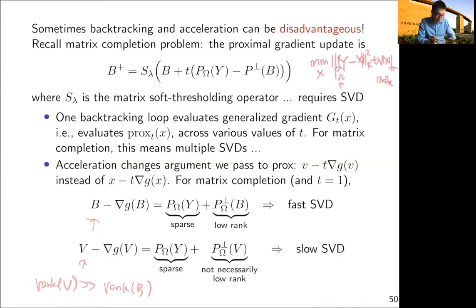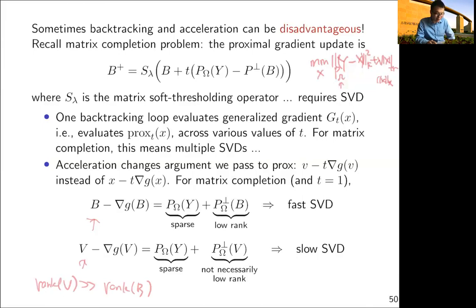And that creates trouble because suppose the problem is extremely large and all we are able to solve is a so-called partial SVD or skinny SVD, which requires us to find the leading eigenvalue and eigenvector, get rid of that, solve for the next one, and keep greedily updating the skinny singular value decomposition.